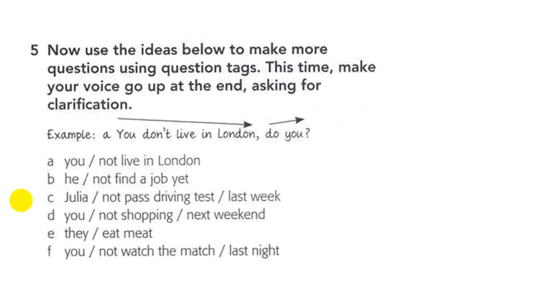So from B to F, I'm going to listen to your answers. Julia not passed driving test last week. Yes. You not shopping next weekend. Good. They eat meat. Nice, this one is they eat meat. Yes. You not watch the match last night.